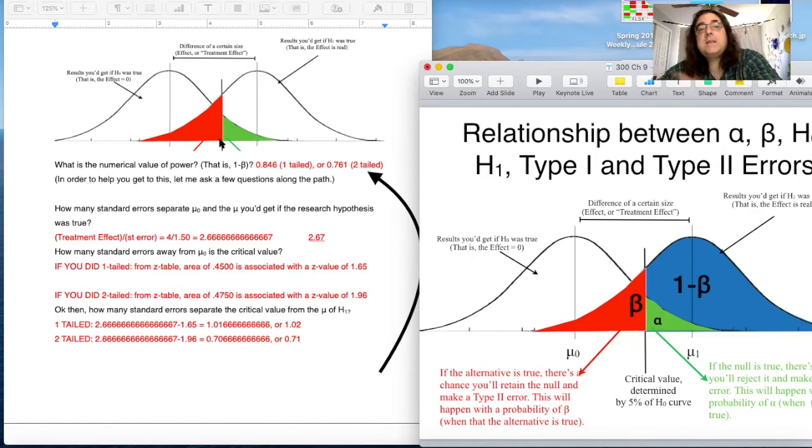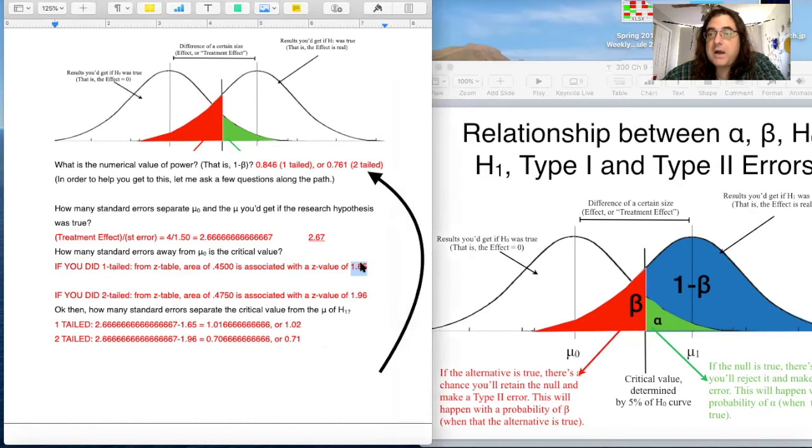If you take 0.45 into the z-table and look it up, you get 1.65. 1.65 is the number of standard deviations that are associated with a one-tailed t-test with an alpha of 0.05. So you have 2 2/3 standard deviations between these two middles. You have 1.65 standard deviations between the middle and the critical value.